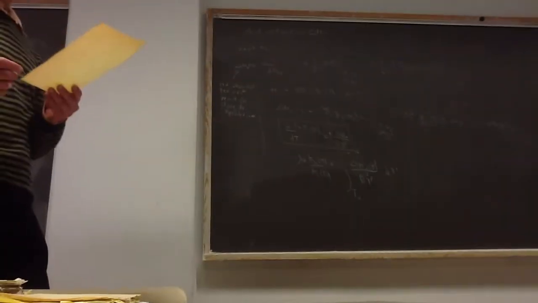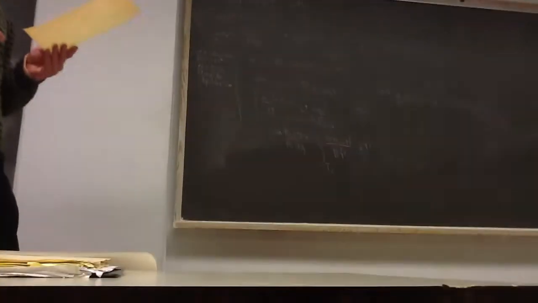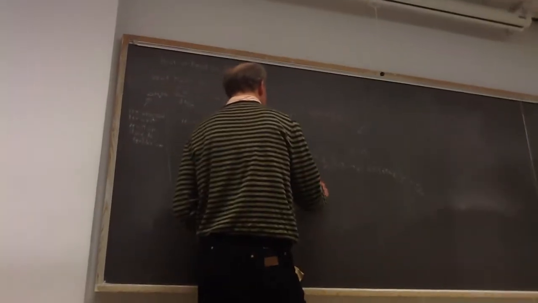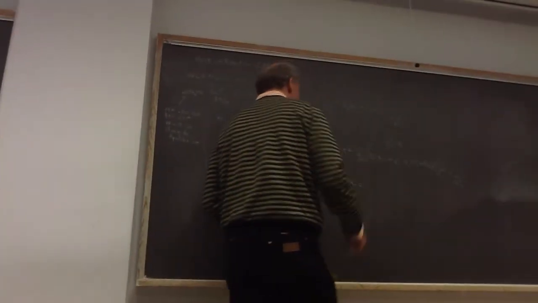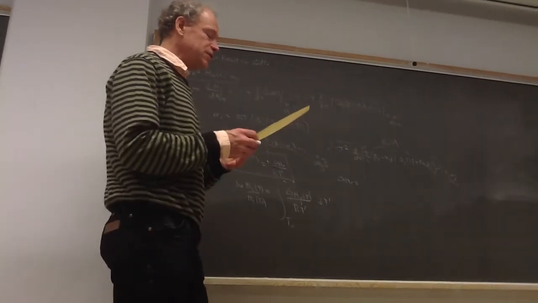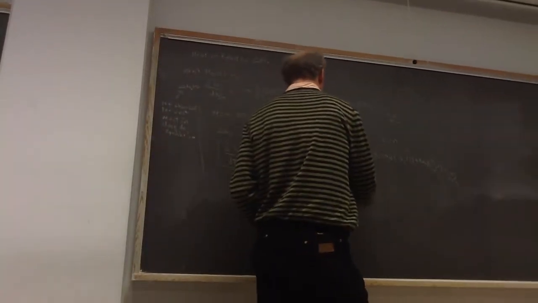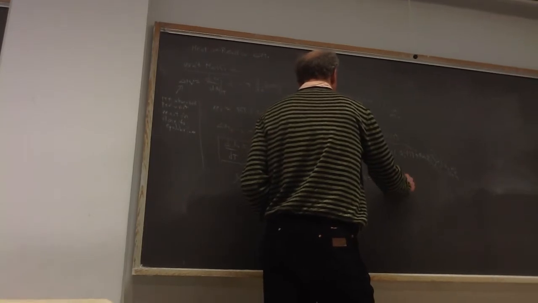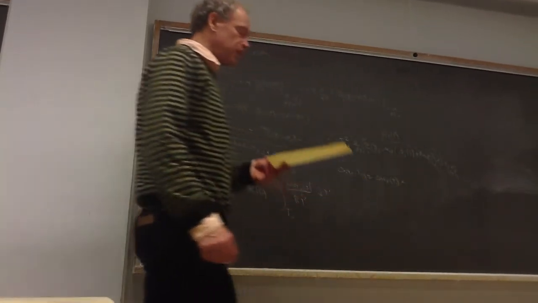Now, what's the typical form of delta HR as a function of T? How do I know that? Well, delta HR at one temperature, say T2, is related to the heat of reaction at T1 by the specific heats.